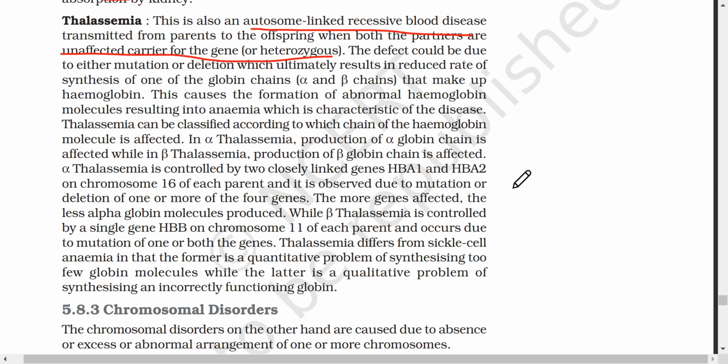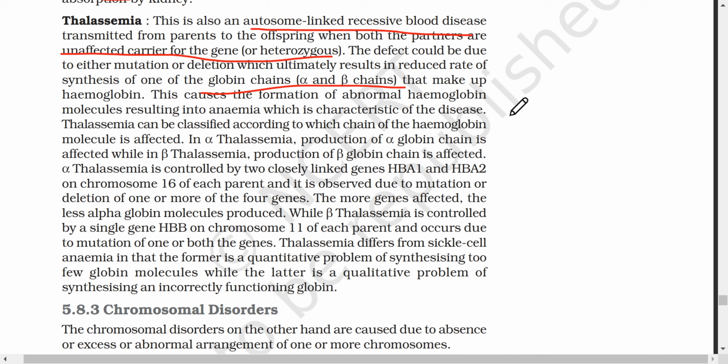The defect could be due to either mutation or deletion, which ultimately results in reduced rate of synthesis of one of the globin chains, alpha or beta, that make up hemoglobin. It is a blood disorder, so the rate of synthesis of the hemoglobin chains, alpha and beta, is reduced. This causes the formation of abnormal hemoglobin molecules resulting in anemia, which is characteristic of the disease.